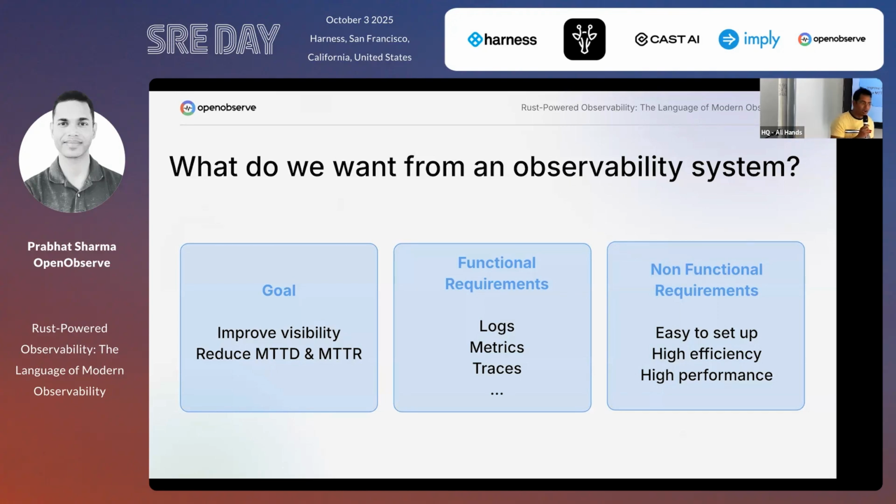What are the non-functional requirements? This is where the challenge starts. There are approximately 5 dozen observability tools out there in the world today, probably more. These are the ones that I can count off. Most of them provide the functional requirements of logs, metrics, traces in one way or another. The challenges actually start when you have to ingest all of that data and be able to query all of that data.